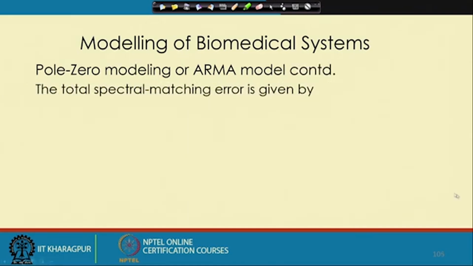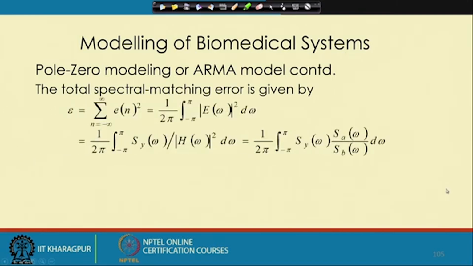From here, the total spectral matching error, which is what we are trying to minimize, is the sum of the error in the time domain, which is the same as the error in the spectral domain.